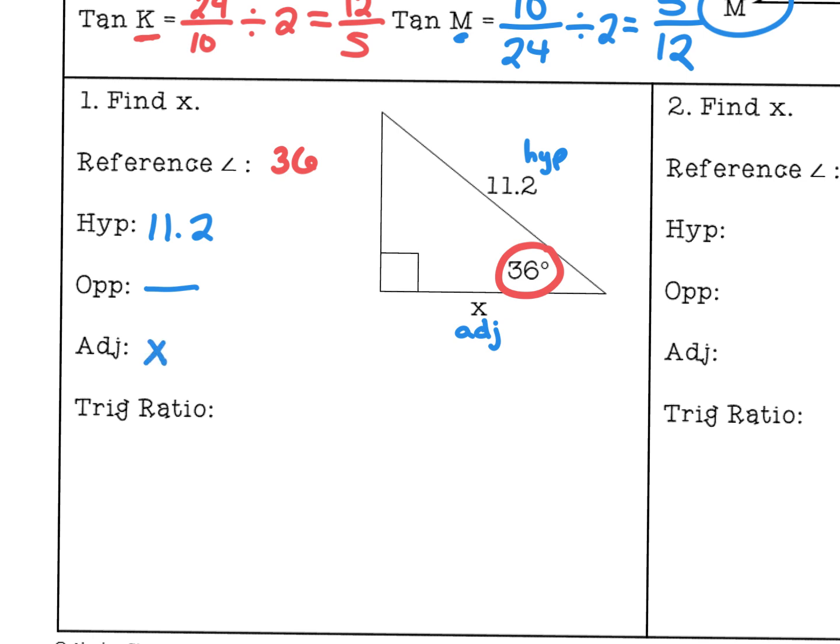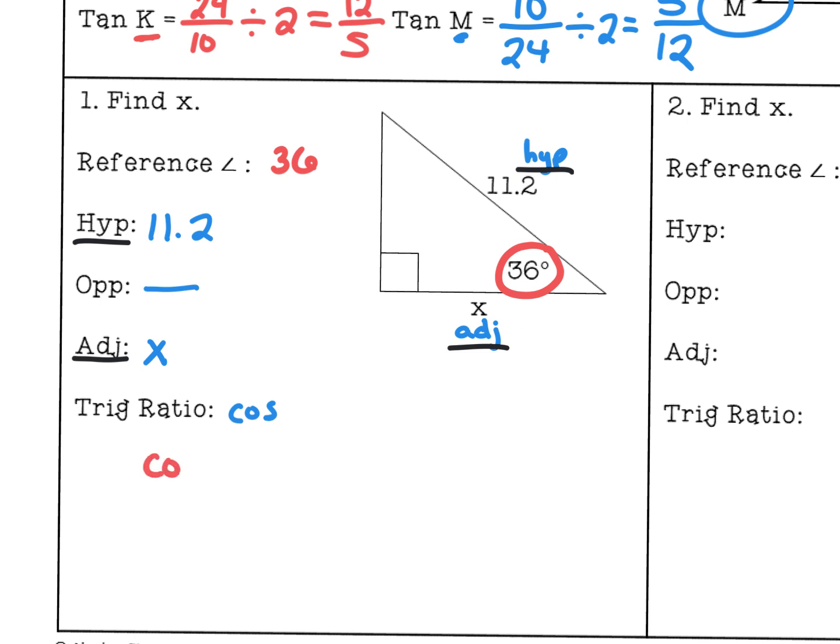What was our step 2? Identify the trig ratio. What that means is look at the sides they give you. In this case, we have hypotenuse and adjacent. What trig ratio is adjacent and hypotenuse? Cosine. Yep, so our trig ratio we are picking is cosine. Once you have everything laid out, now we can write our equation. We always start with the trig.